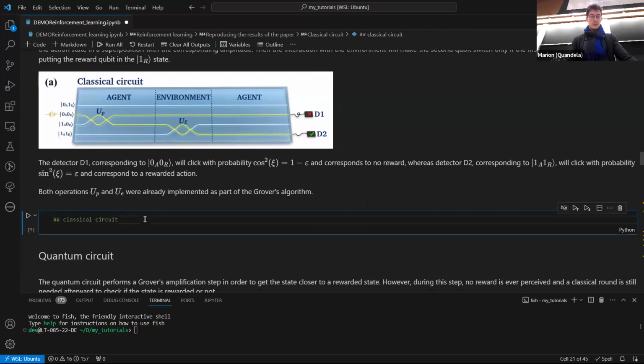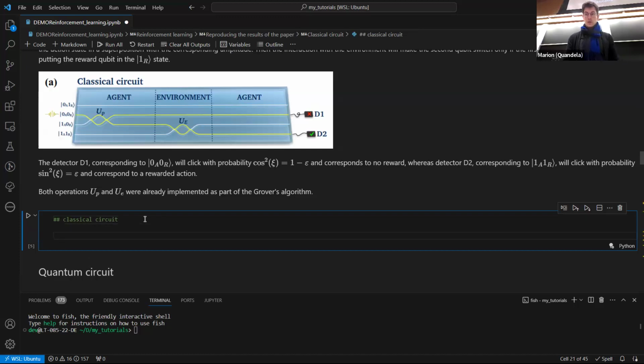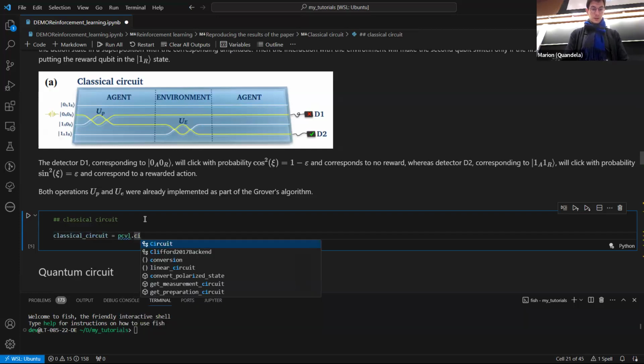So let's go. The classical circuit will just be a Perceval circuit of, sorry, not two, of 4 modes, right?